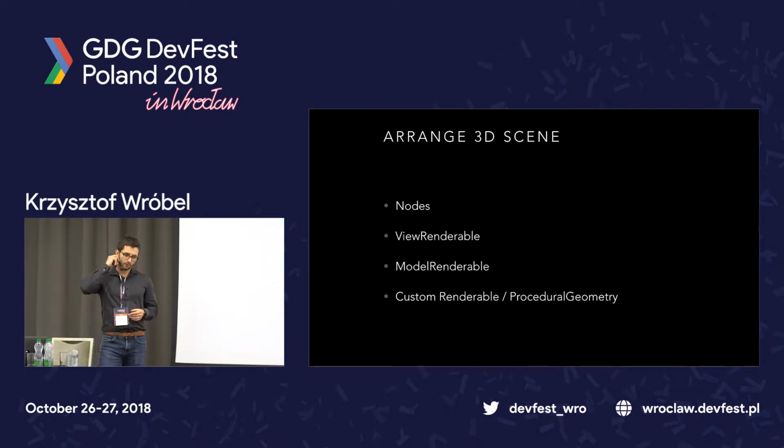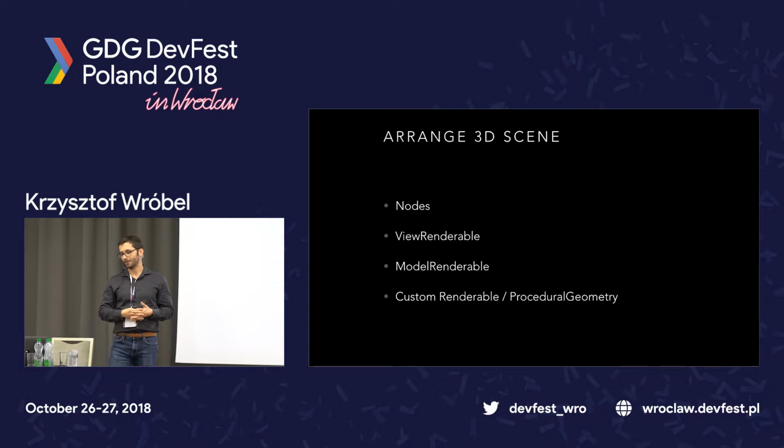So what is this all about? The whole Sceneform app is about arranging 3D scenes. And there are a couple of things you need to know, I think the most important ones related to this Sceneform toolkit. These are nodes, and nodes are basically how you organize the hierarchy in your scene. So there are children, parents, there are basically objects which you put in a 3D environment.